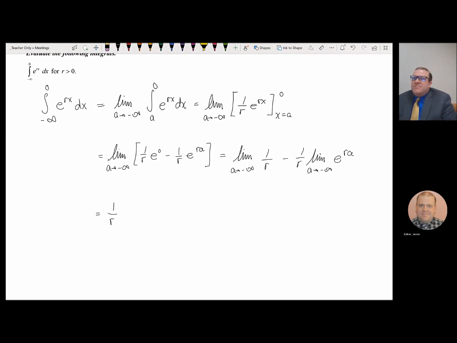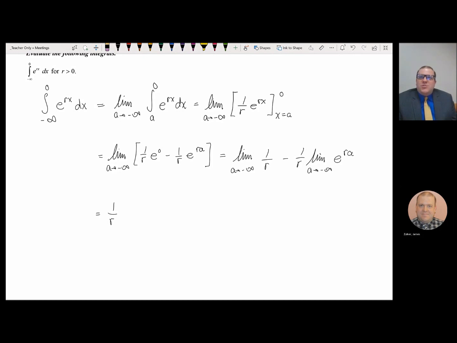Wait, so it's forgetting about the negative. In my original analysis, I was ignoring the negative because I know it's going to just put it in the denominator, right? Raise e to a larger and larger power, what happens? It gets larger. So the denominator is getting larger. So that limit is 0, right?